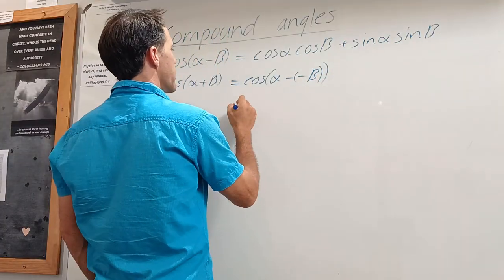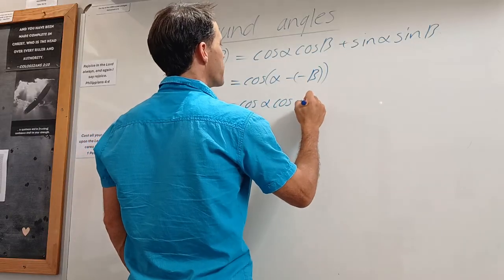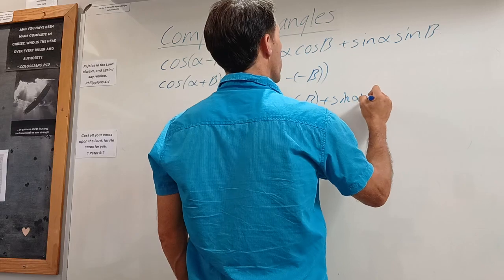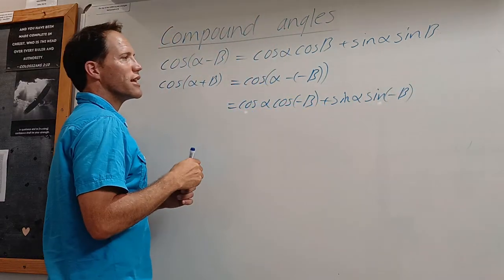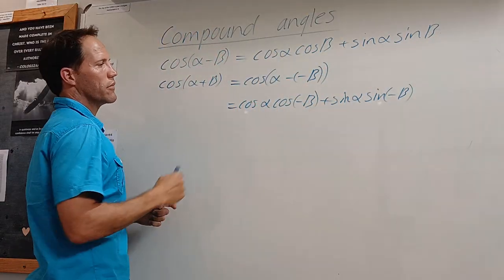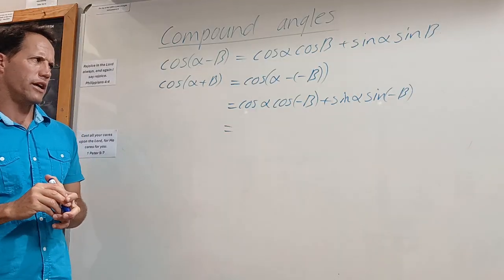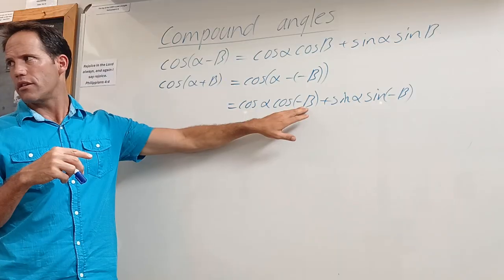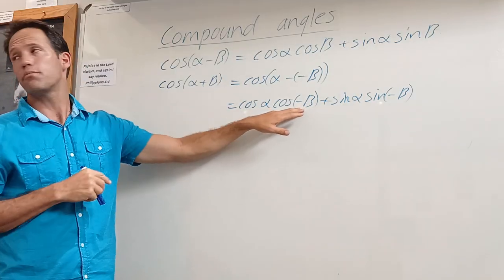So now we're going to say it's going to be cos alpha cos negative beta, and then plus sine alpha sine negative beta. So we just substitute the negative beta now in the place of beta. The rest looks the same. And then you just ask yourself, cos negative beta. Negative beta is in the 4th quadrant, and that means cos negative beta becomes cos positive beta.